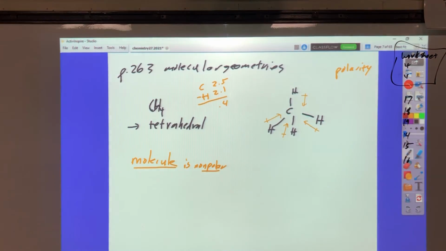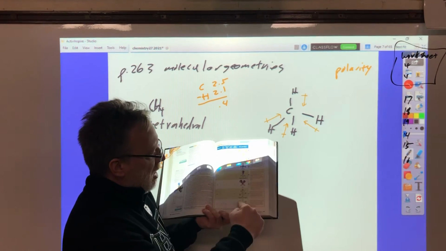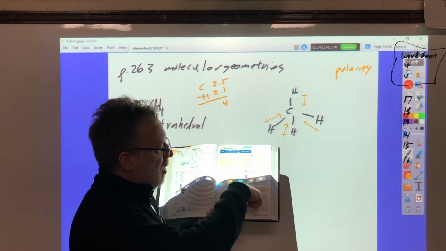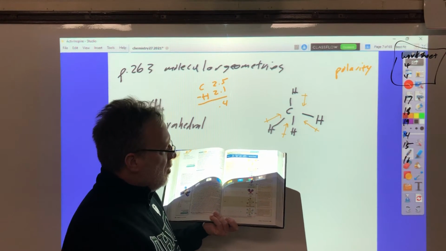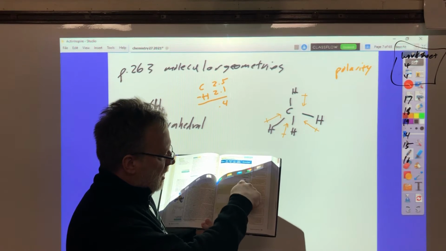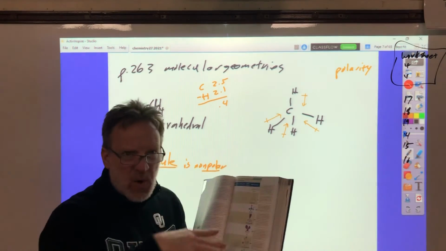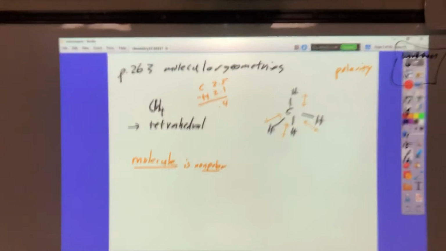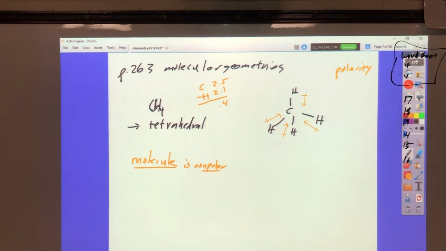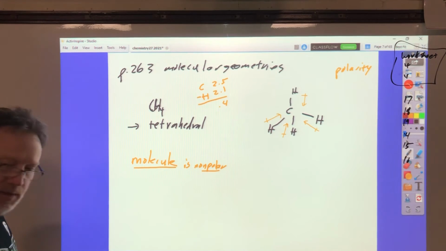Now where I'm at this point is on page 263 with molecular geometry. So I'm going to talk about all of these, but not from the top going down. It makes more sense to go here, here, and then I think here, and then there. Jump around in there. Starting with the simplest one, really, CH4, tetrahedral.